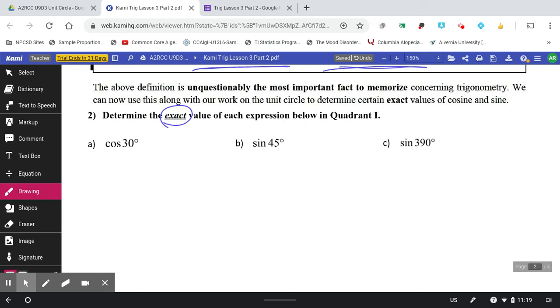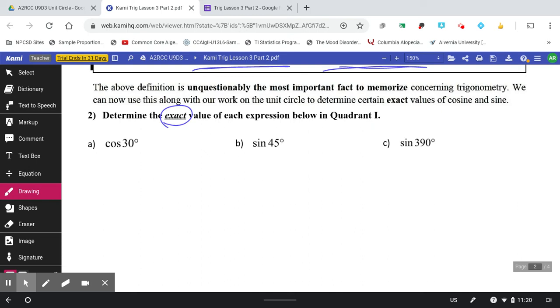The cosine of 30 is equal to 0.866025 and so on. That's not an exact value. That's rounded at some point, however many decimals fit on your calculator. We want the exact value, so that means it's an irrational number.